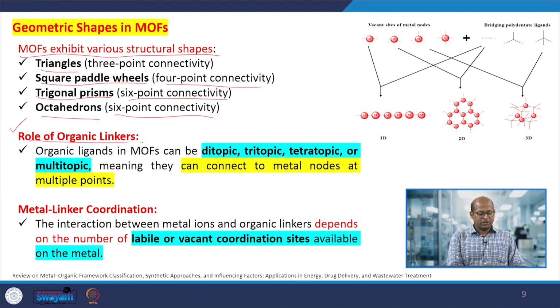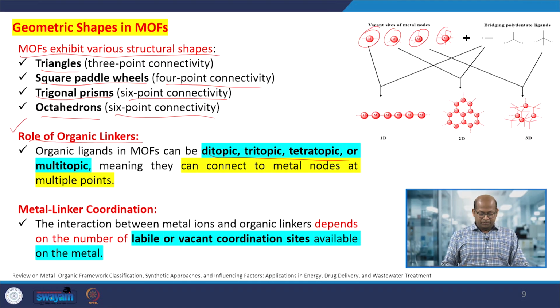Also, regarding the role of organic linkers, as I said, ditopic, tritopic, tetratopic or multitopic organic ligands are present in MOFs. Depending upon that, the metal ions will be linked with the different sites available in the linker, so they will attach over there.